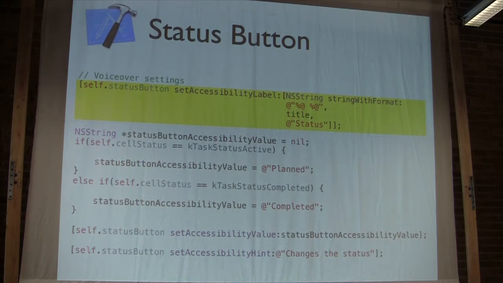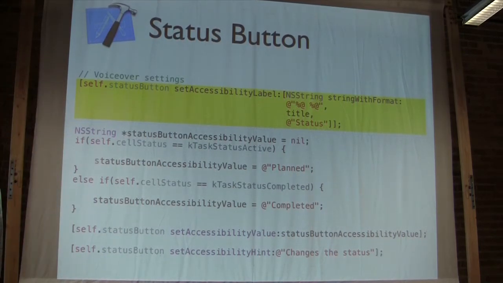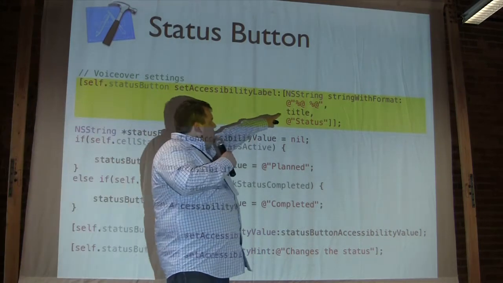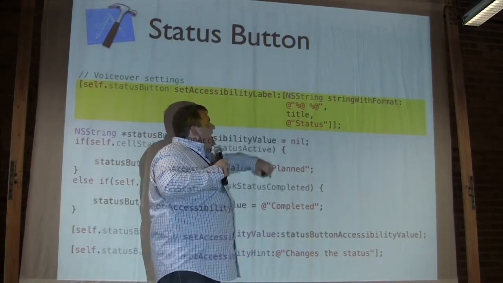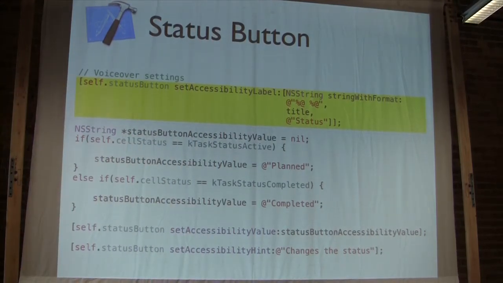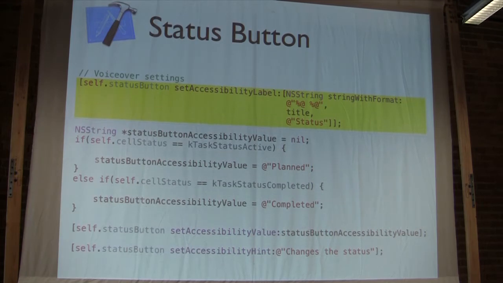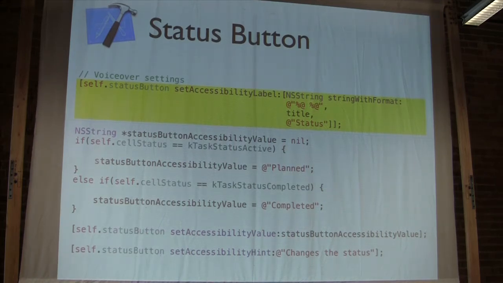What we're going to do is give a title to that status button that is based off of the title of the task as well as the status of that task. That way we'll identify it not just as the status button, because there are a lot of those status buttons on the screen. We need to identify which status button that is.